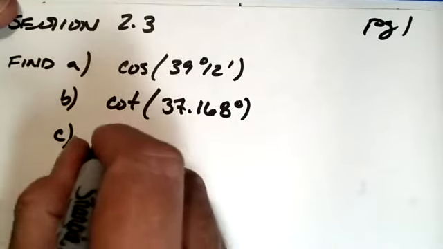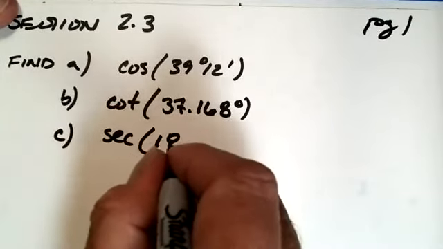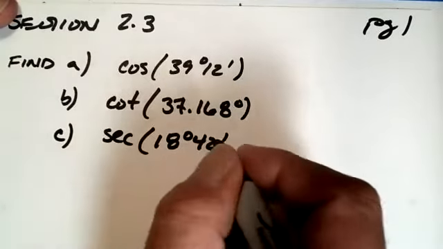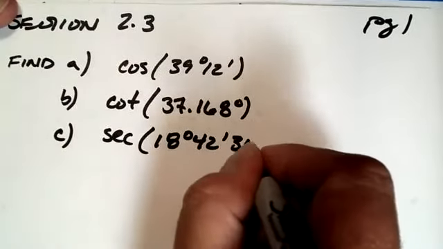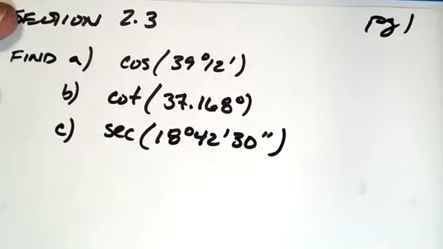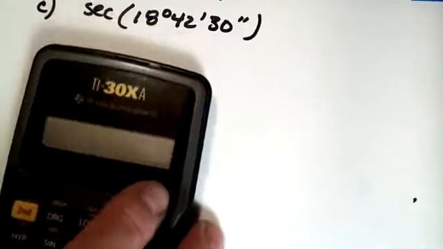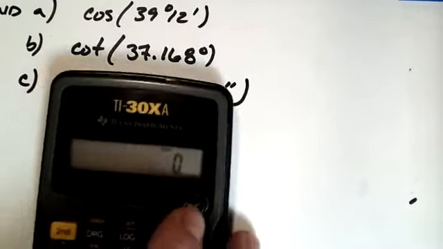How about the secant of 18 degrees, 42 minutes, and 30 seconds? And say what we got. They're going to go from easy to harder, though they're all basically the same.